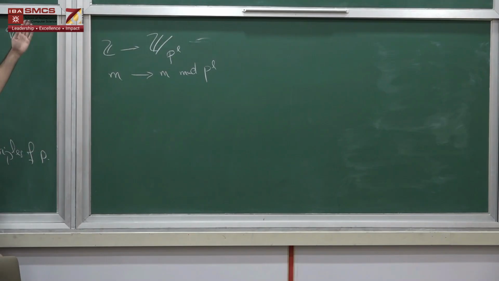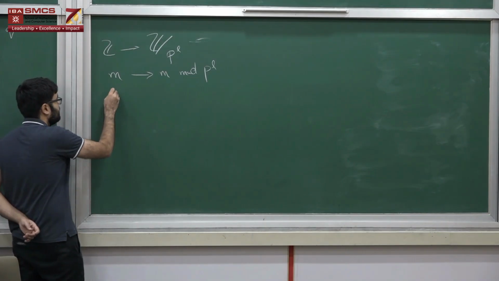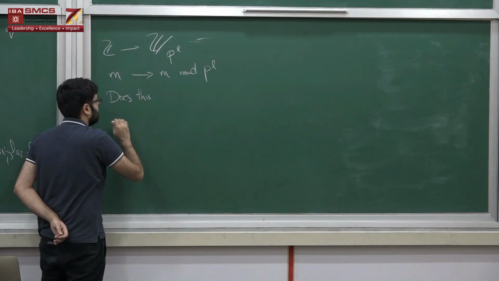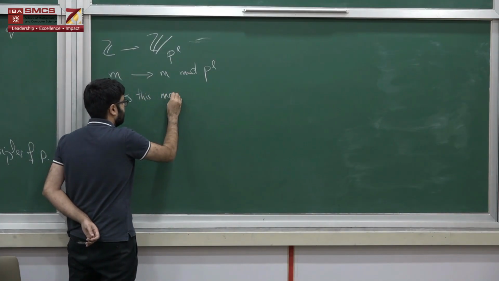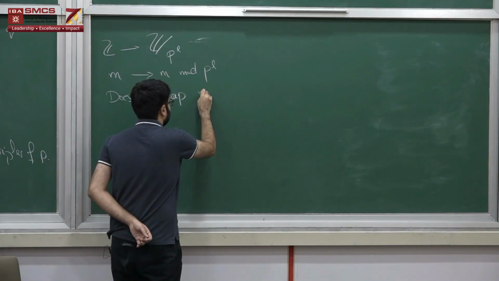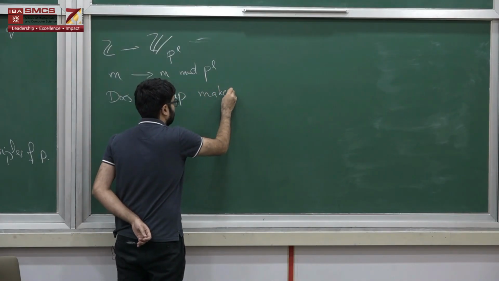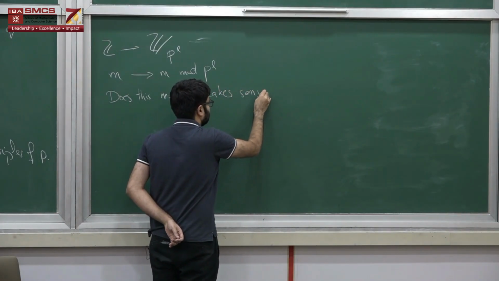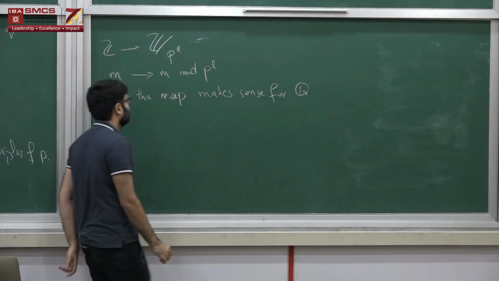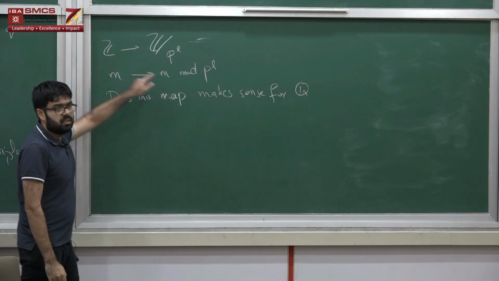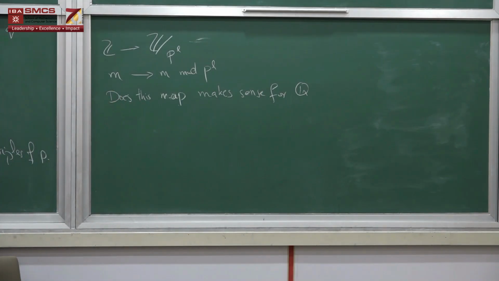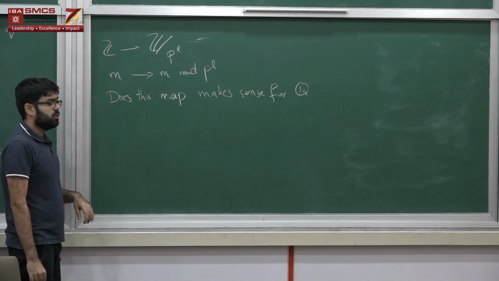A priori no. So does this map make sense for Q? Can I change this Z to Q? And the answer in general is no, and the problem is these 0 divisors.